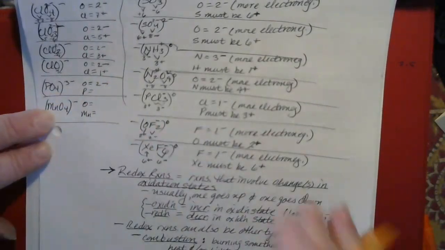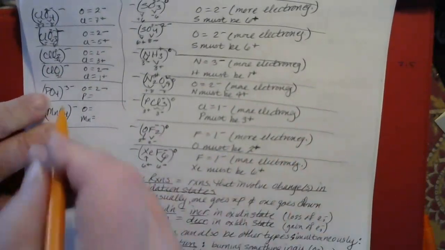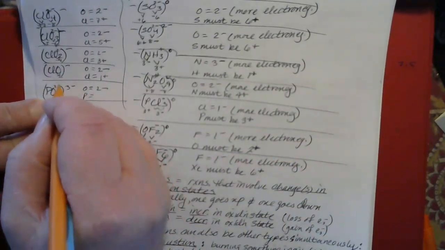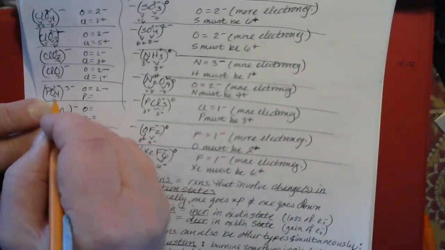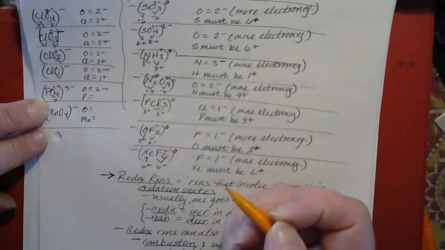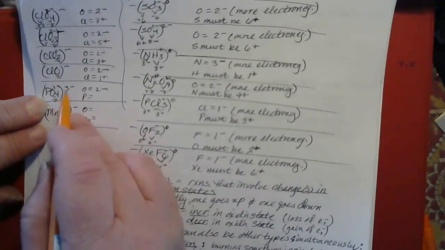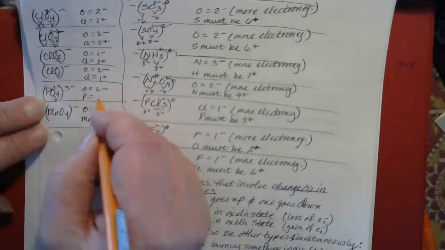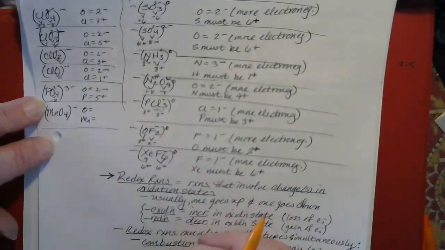Oxygen will be -2, like it is with everything except fluorine. And phosphorus will be whatever it has to be. So let's see, if it's -2 for each of the oxygens, and there are 4 of them, that's -8. And there's 1 phosphorus to bring the charge from -8 up to -3. -8 to -3 is a difference of +5. So phosphorus has to be +5.